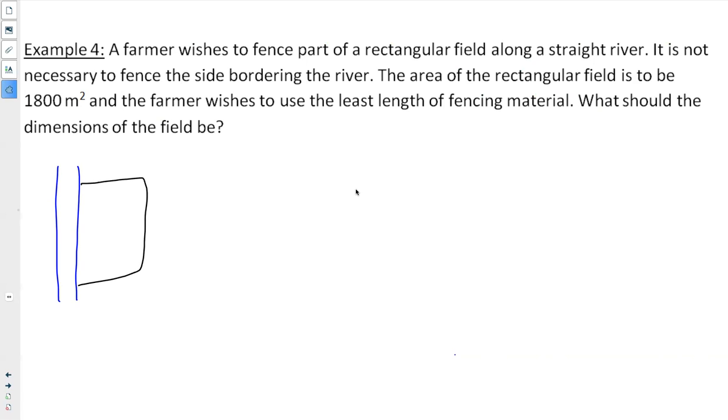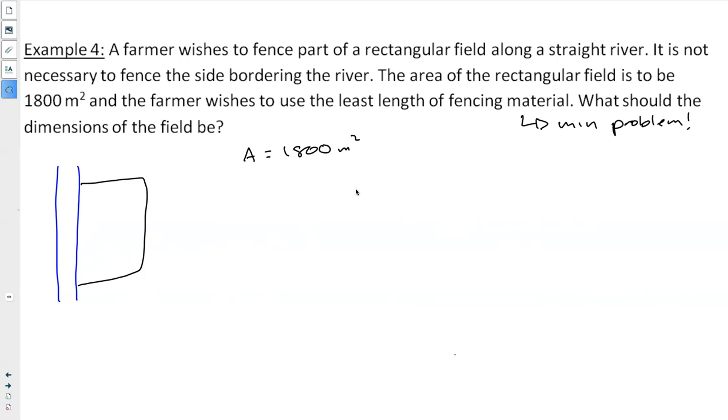The area of the rectangular field is 1,800 square meters. And the farmer wishes to use the least amount of fencing material. So this is a min problem. Okay, so we are asked to find the dimensions of the field.